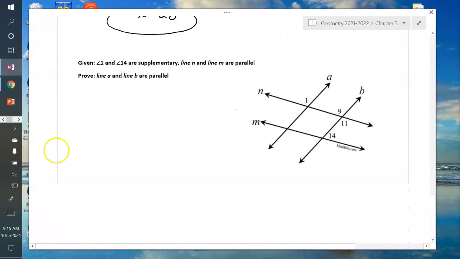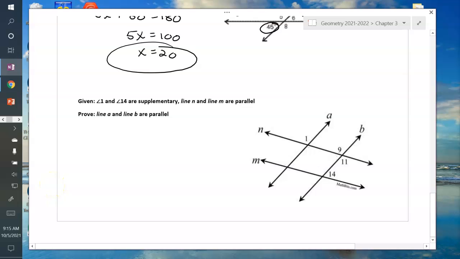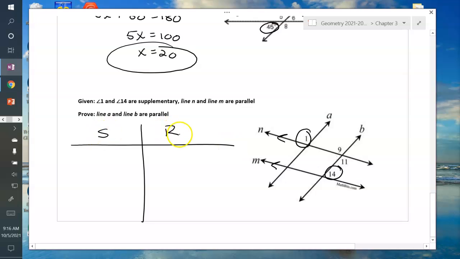All right, we have one last proof. We're given that angle 1 and angle 14 are supplementary. And then line M and line N are parallel. So statements, reasons. 1.